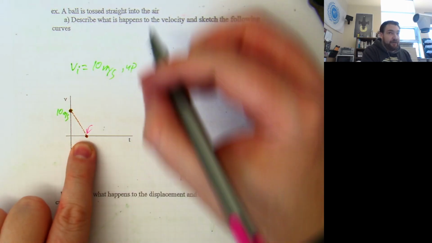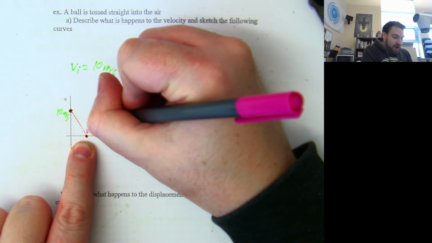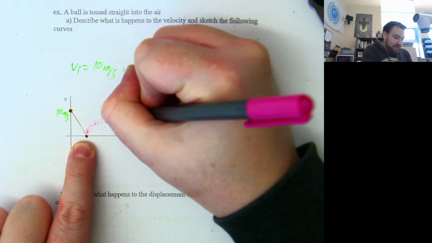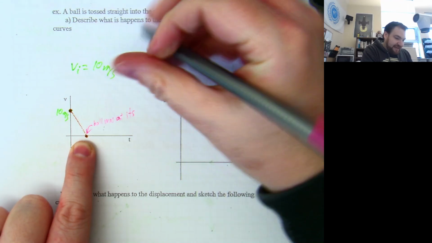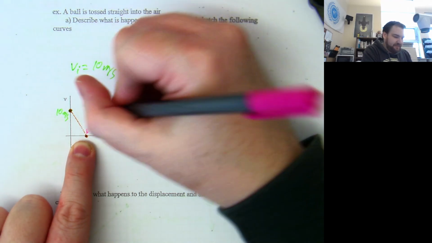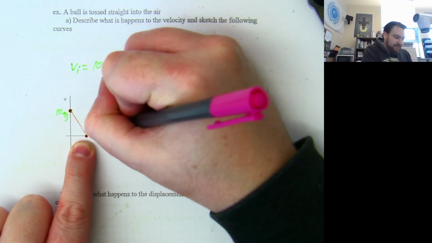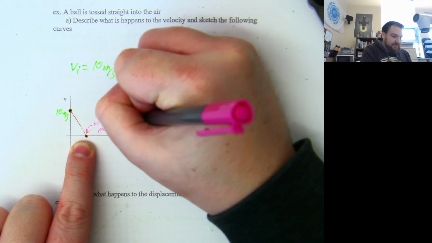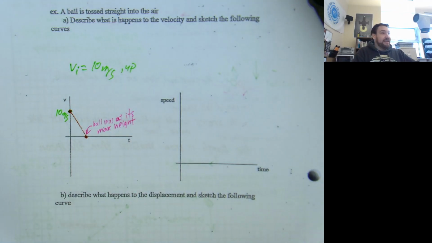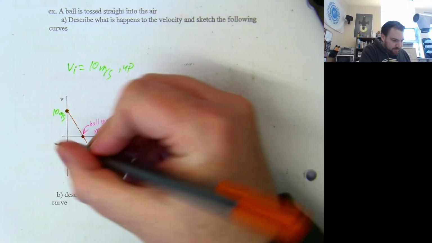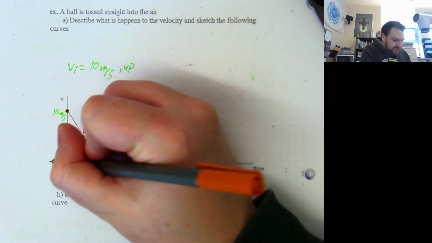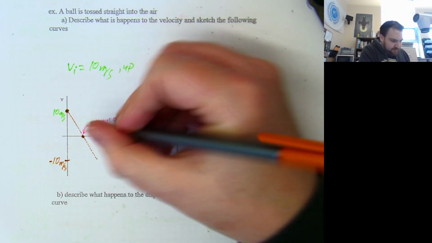This point right here, the ball was at its, instead of peak, can I say max? It was at its max height. And at that point, the thing started to accelerate back downwards. Eventually, it would have reached negative 10 meters per second.